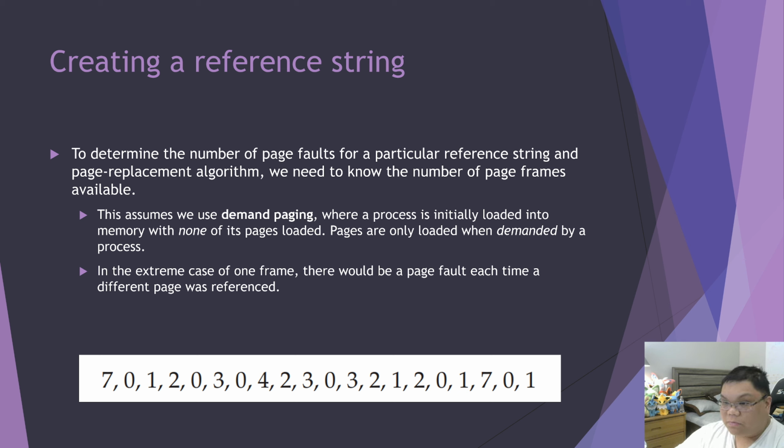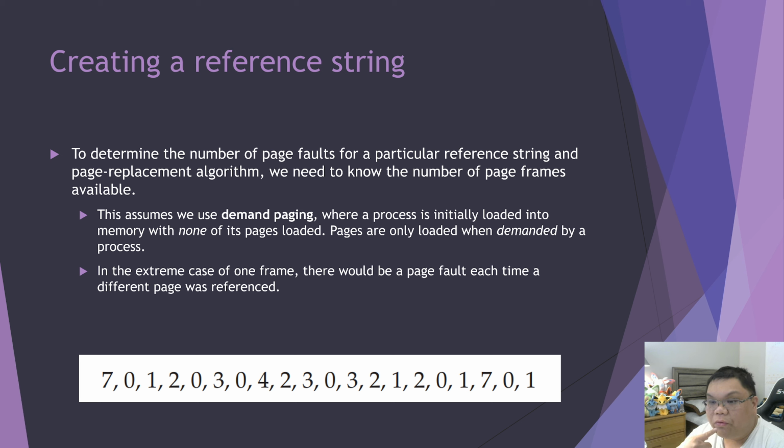Anyway, we are assuming something called demand paging, where at the beginning, none of a process's pages are loaded into memory, and they are only loaded when demanded by a process.